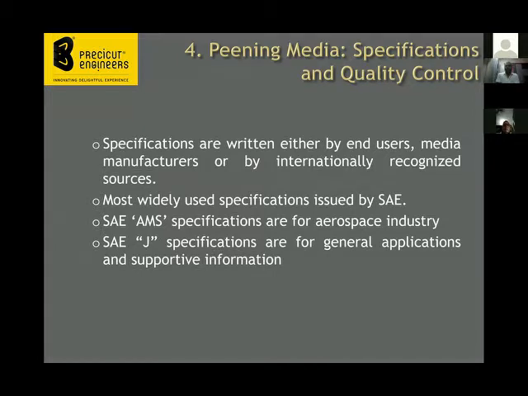So basically almost all major international organizations have their standards. For automotive, mostly SAE standards are used. Then there are American military standards as well, applicable for the aerospace industry. And lastly, now with the experience, all OEMs have also developed their own standards, which is what you can say a mix and match of various standards coupled with their practical experience and requirements. So it's fine to follow either of the standards as long as both the parties agree to it mutually.